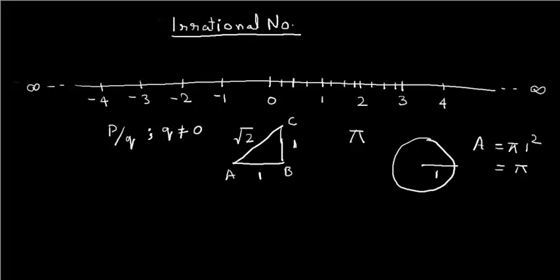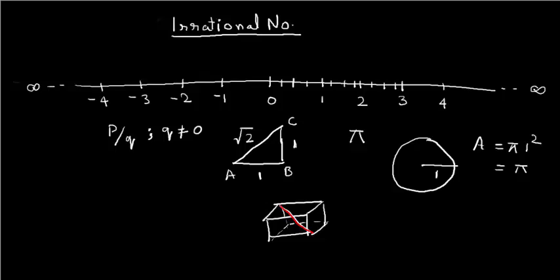Let's take another example. Suppose there is a cube. Let me draw this cube here. And if you have been asked to find out the length of its diagonal, this line, let me denote this line with red.